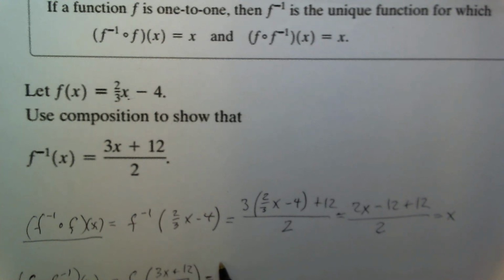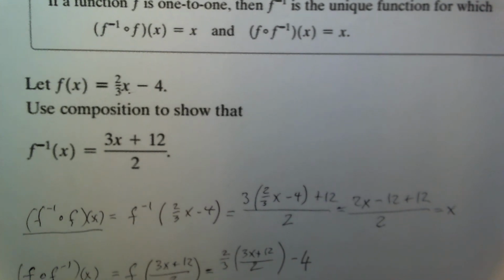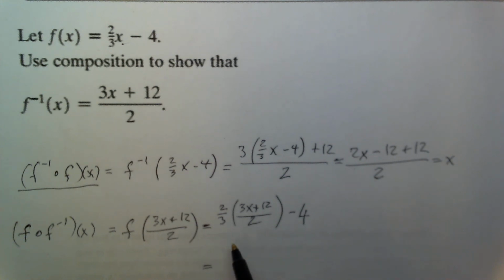So that means we have 2/3 times 3x plus 12 divided by 2, minus 4. So that's equal to 2 times 3x is 6x, and 2 times 12 is 24, divided by 3 times 2 in the denominator, or 6, minus 4.